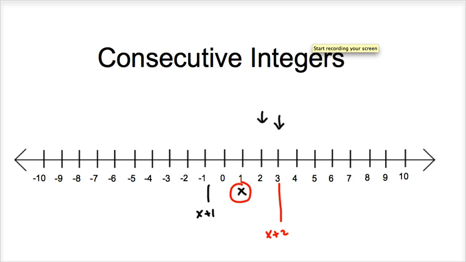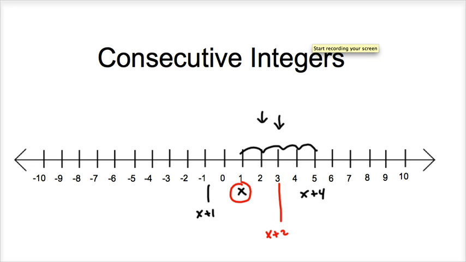If I want to get from 1 to 3 to 5, then this would be x plus 4, because I need to travel 1, 2, 3, 4 units to get to my next consecutive odd or even integer. So these are the terms we're going to hear: consecutive integer, consecutive even integer, or consecutive odd integers.